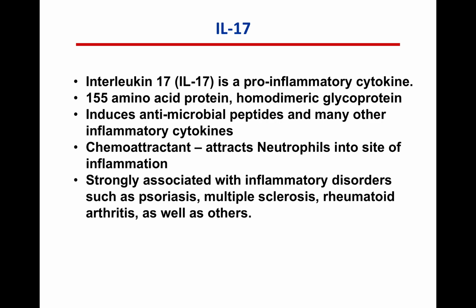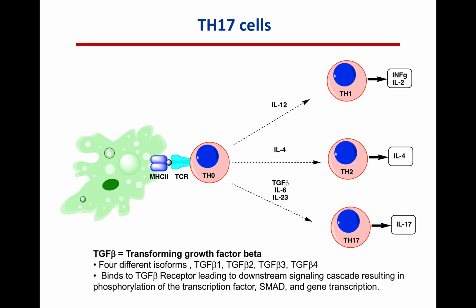Now, as more research was done, it was discovered that the IL-17 actually comes from a type of CD4 positive T cell, a T helper cell. And that is not the same as Th1 and Th2 cells. Because it produces IL-17, it's referred to as Th17.